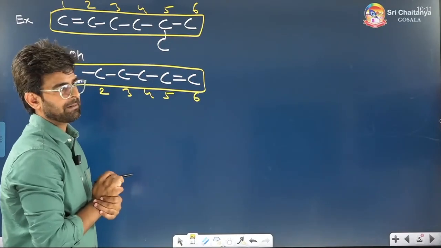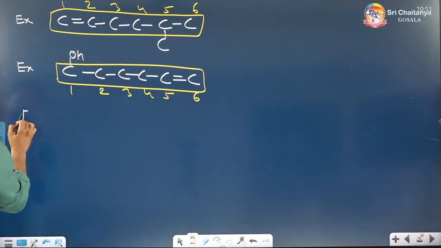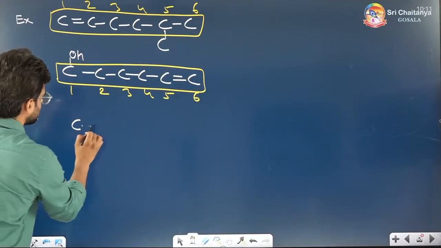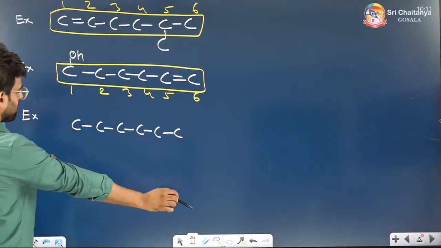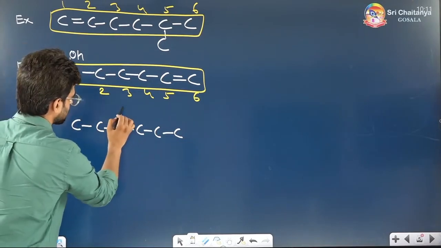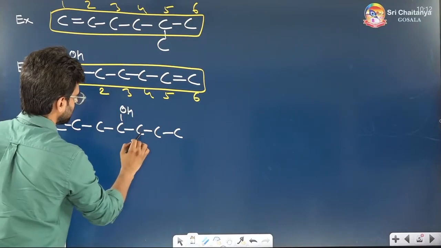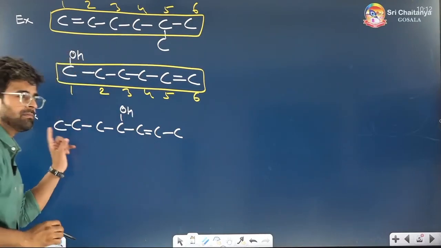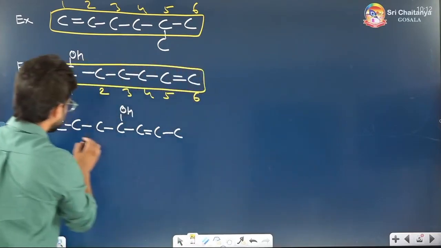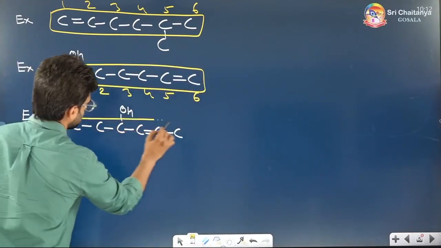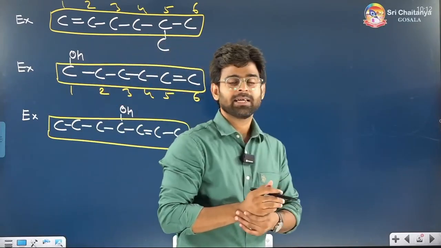Okay, fine. Now one last question, and then we will move to the nomenclature questions. Give me the answer very carefully. Now here we have OH. I am taking one more carbon here. It's OH here and now here. Now choose which one, left or right. From which end should I start numbering?